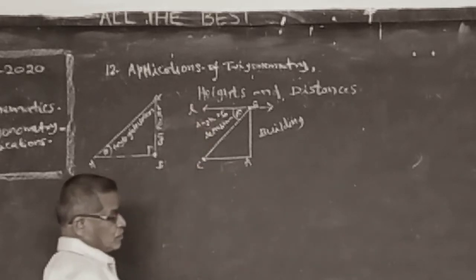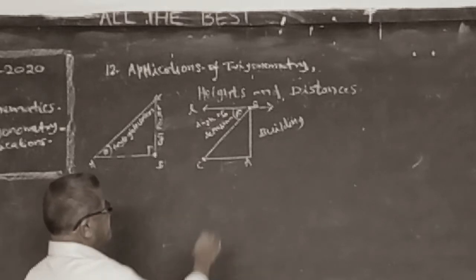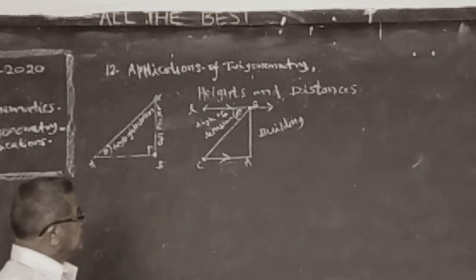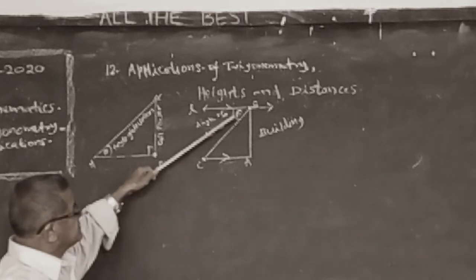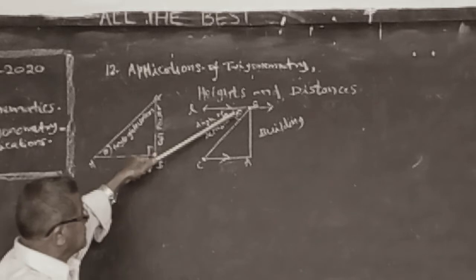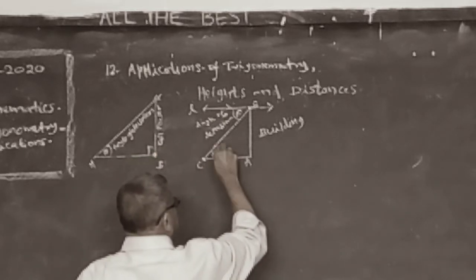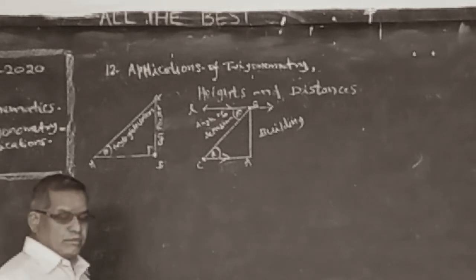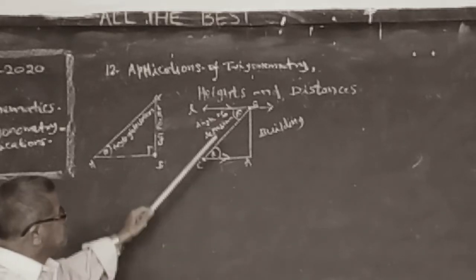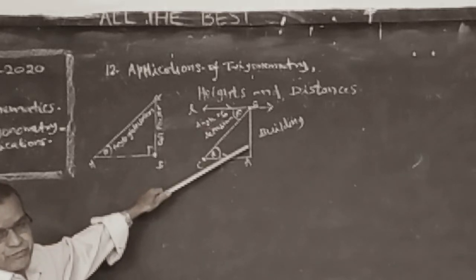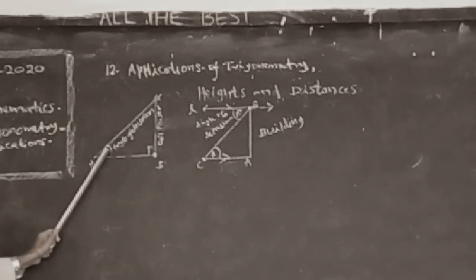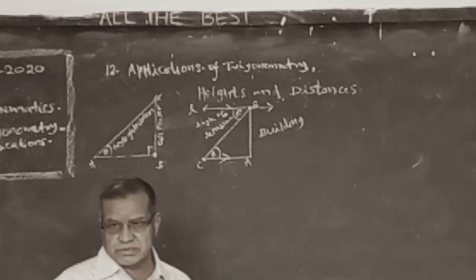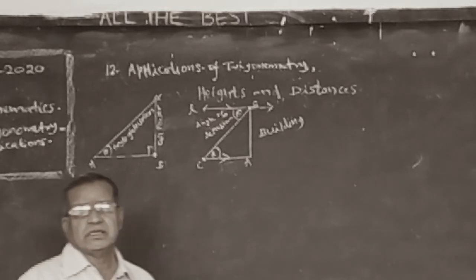Since L is the line parallel to CA, this is the angle of depression here, and the same angle comes here since alternate angles are equal. But whenever the angle of depression is given, we should draw this figure. So these are the two types of angles.